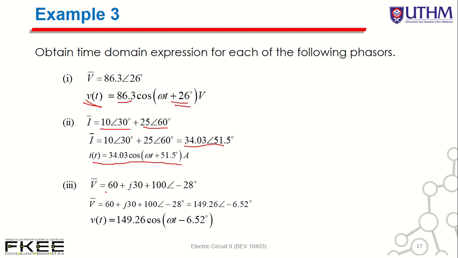Similarly to number 3, you have a rectangular form plus phasor form. Doesn't matter, you can directly use your calculator. Sekali tekan je, 60 plus 30i in your calculator plus 100 angle minus 28. So you can directly get this answer.